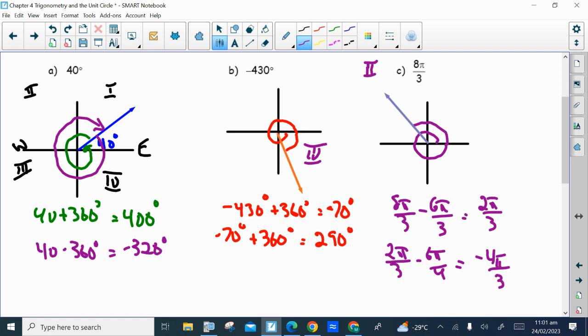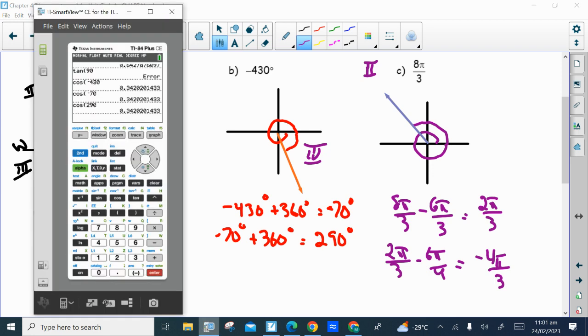And again, we can check these in our calculator, but now because our angles are in radians, we need to be in radian mode. For no reason, I'm just going to use the tangent in this case. The tangent of 8 pi on 3. Again, you must use the pi button here. That is the value.